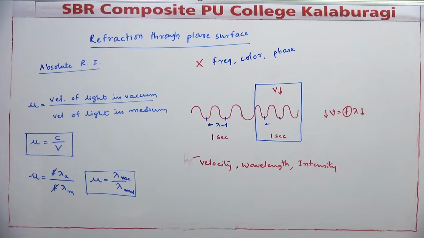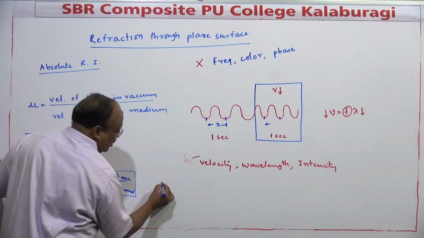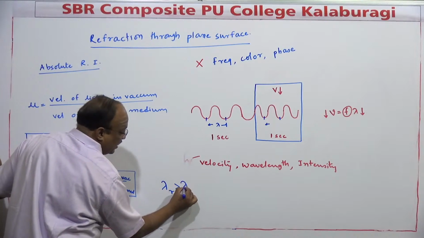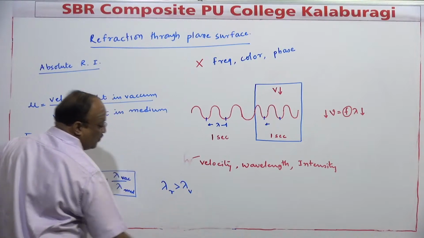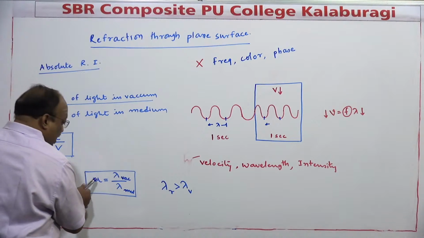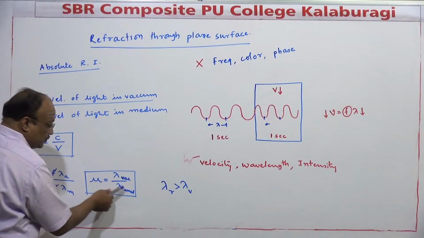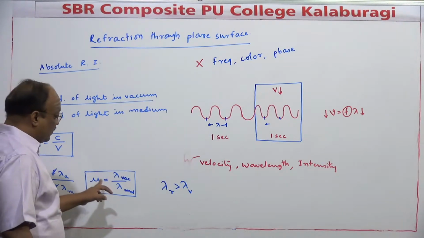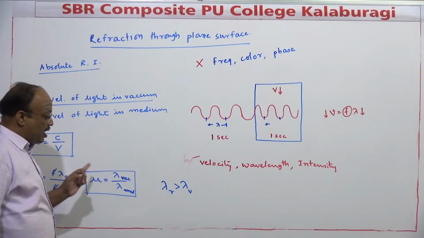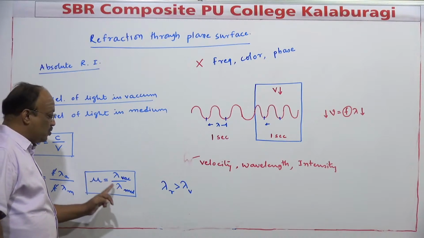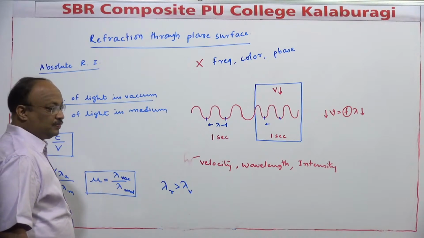As you know, the wavelength of red is greater than the wavelength of violet. And what you are seeing here, the refractive index of the medium and wavelength of the medium are inversely proportional to one another.